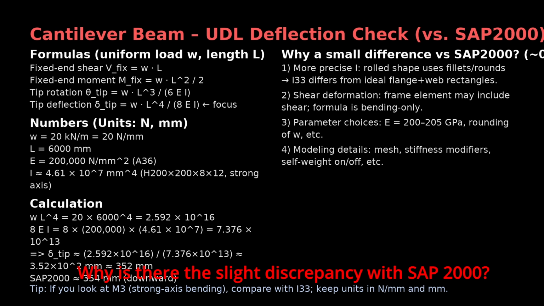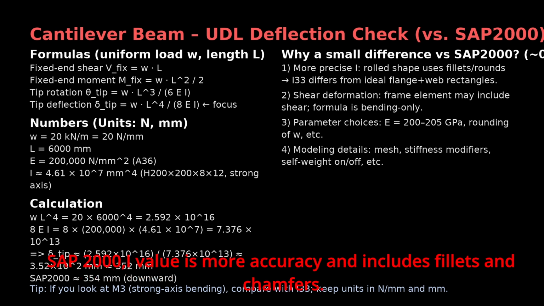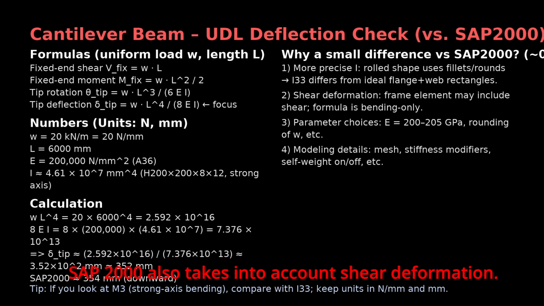Why is there the slight discrepancy with SAP2000? It's about 0 to 1%. SAP2000's I value is more accurate and includes fillets and chamfers. SAP2000 also takes into account shear deformation.